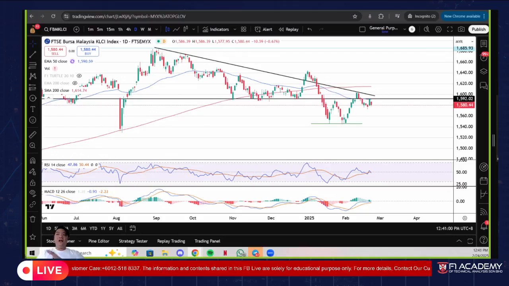So like I said, the KLCI is in a bit of a tiny bear season here. We are going to teach you strategies that you can learn and apply so that you can still be profitable, or at least minimize your losses during the season. Because in a bearish market, you want to protect your capital first and then worry about profits second, right?